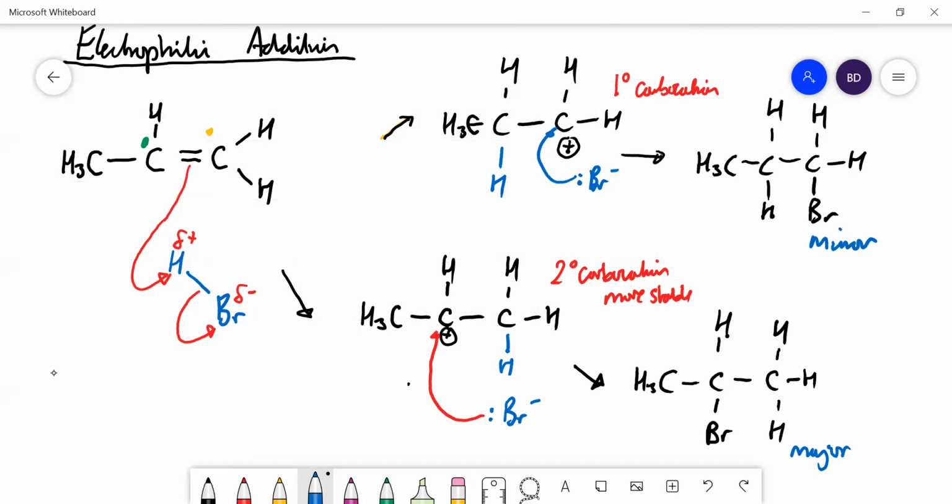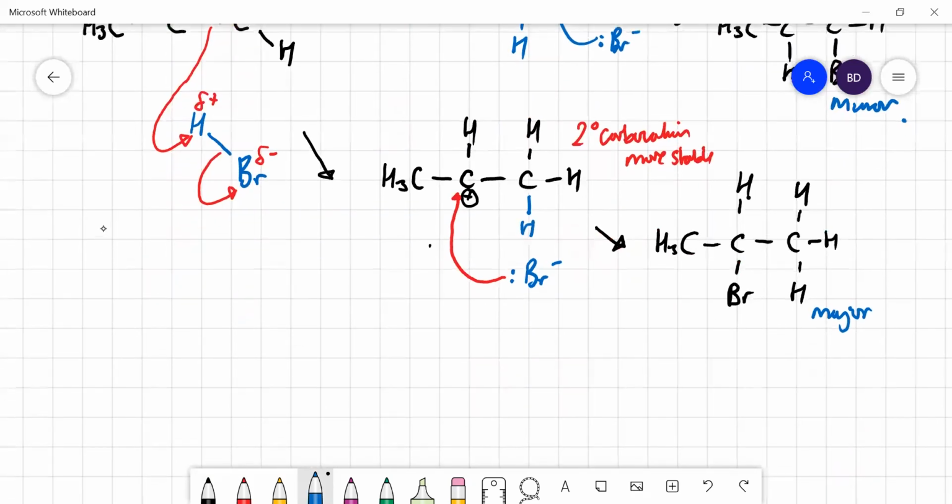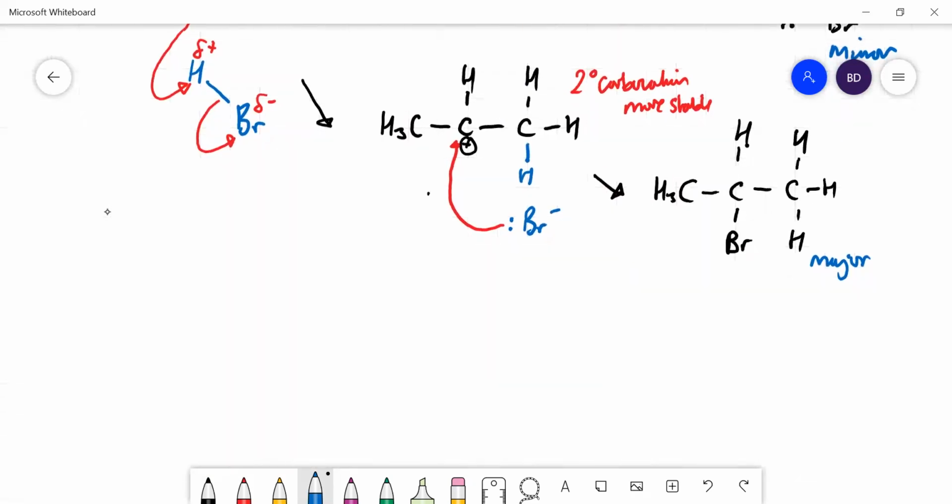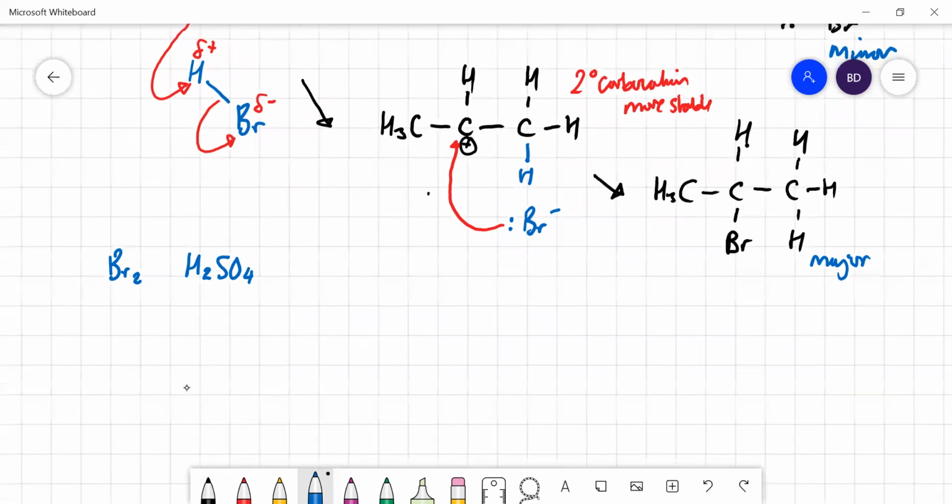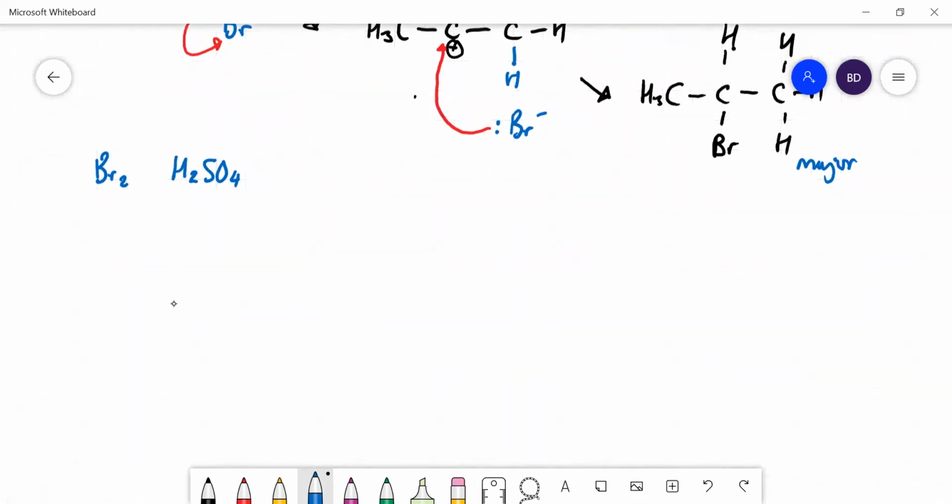Okay. Right, now that we've done that with HBr, we also need to know about electrophilic addition with Br2 and with concentrated sulfuric acid. So I'm just going to very briefly draw those two. The difference with the Br2 is, of course, that bromine Br2 does not have a permanent dipole.